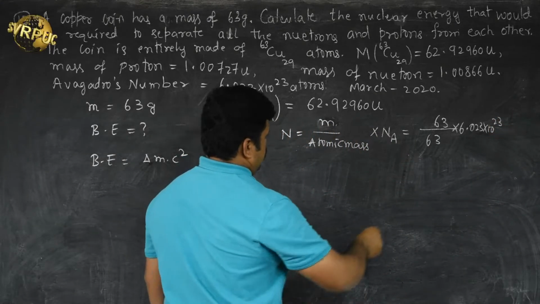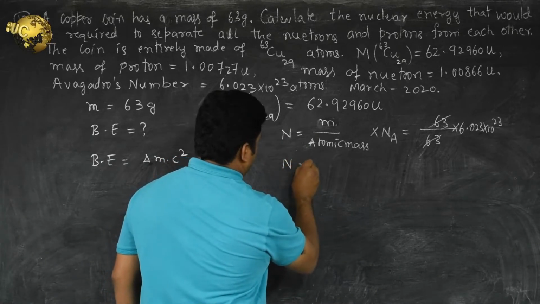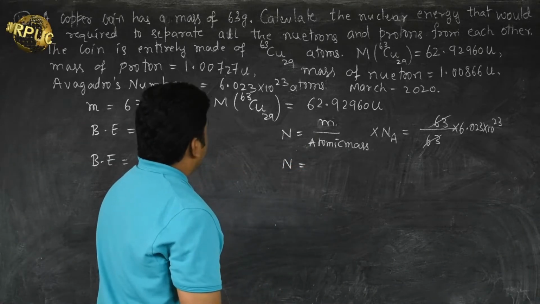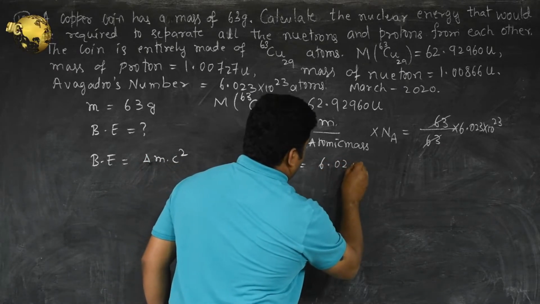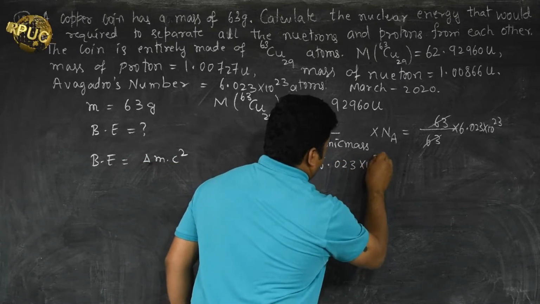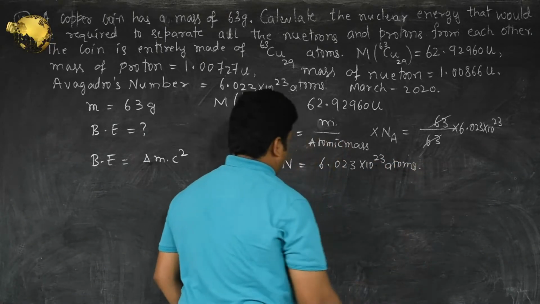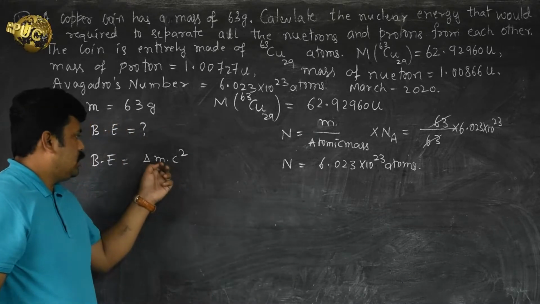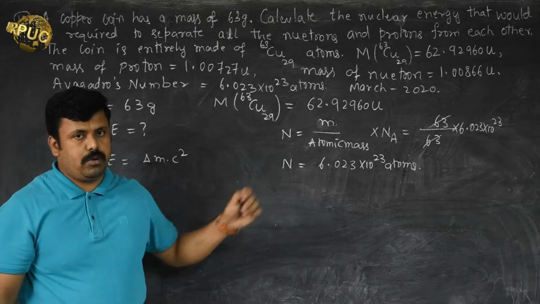So 63 and 63 get cancelled. So the number of atoms in the given mass is 6.023 into 10 to the power 23 atoms. So we get the number of atoms. Let's find out the binding energy for one atom, then multiply by the total number of atoms.